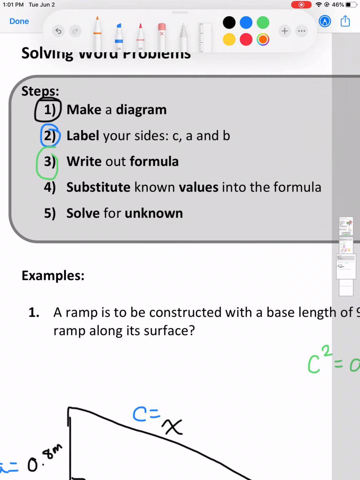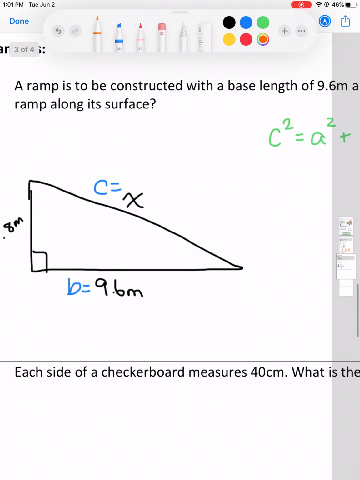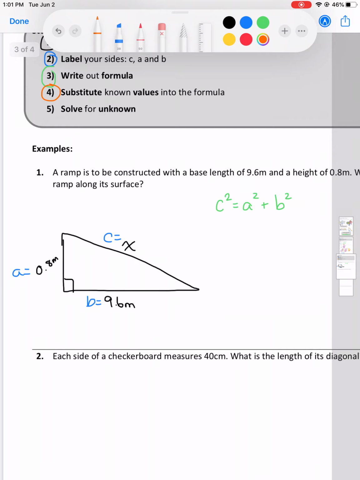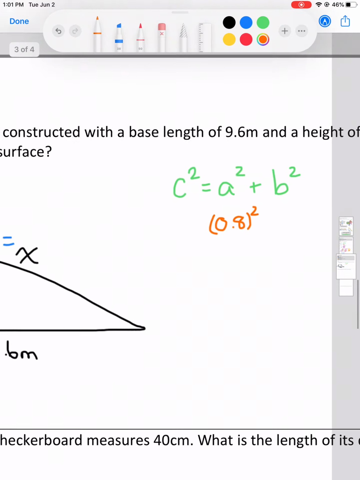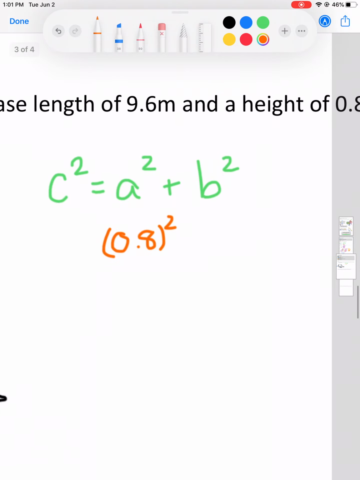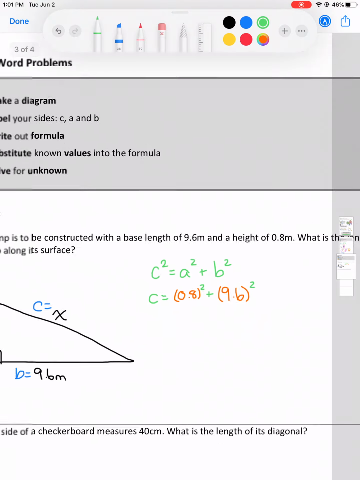Actually, let's go orange. So our known values: 0.8. And what's our B? 9.6. So you see how I just put those in?